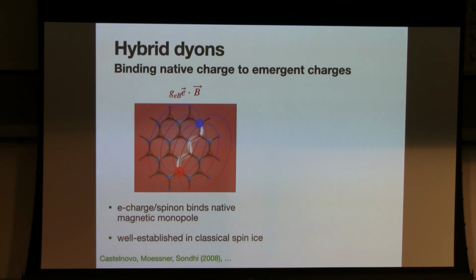And what it tells as a piece of phenomenon is that if I have a charge, the spinon, remember that meant that there was a divergence in the spin field, which once I coarse grain means that there's a divergence in the magnetization field, which means, and this is why part of the literature calls those objects magnetic monopoles, they are magnetization monopoles. Well established in classical spin ice.